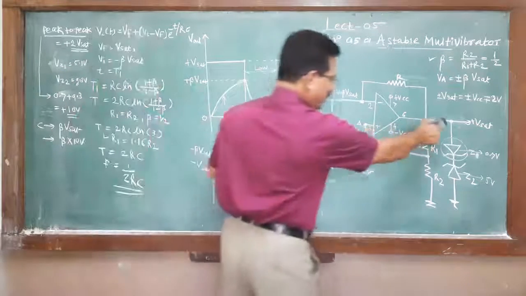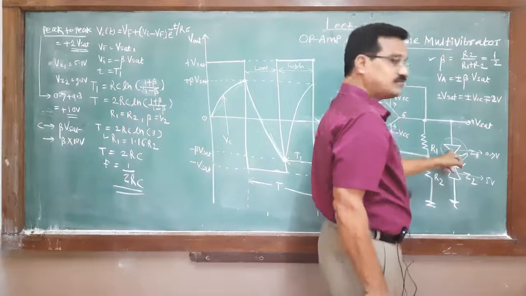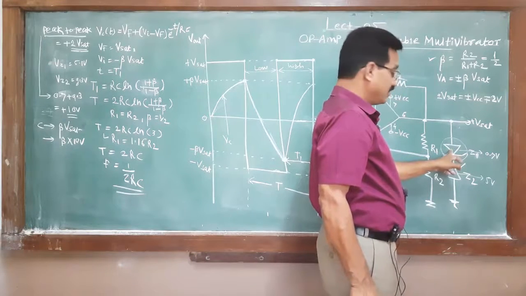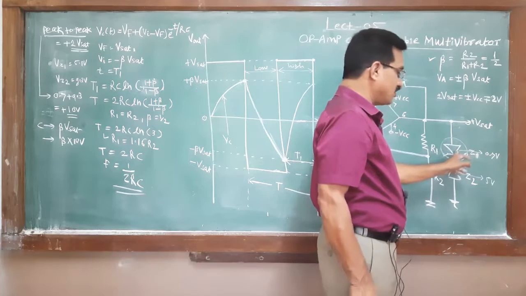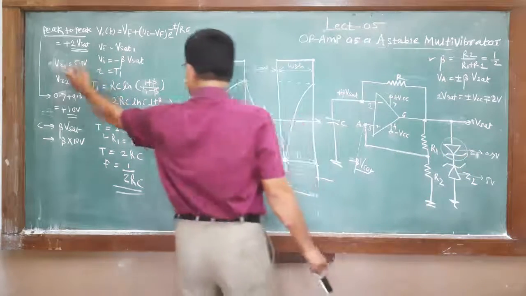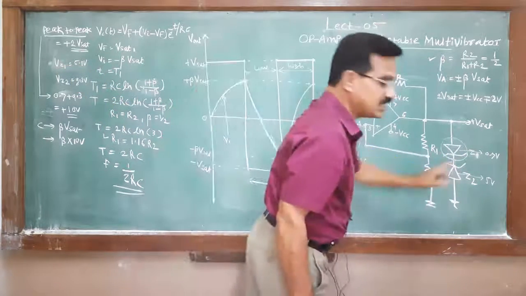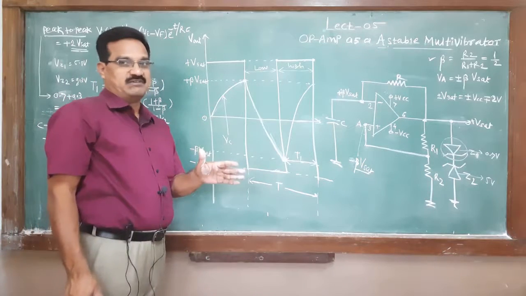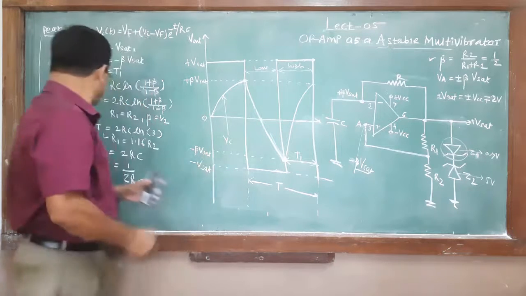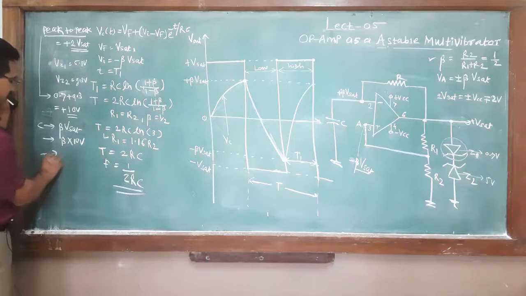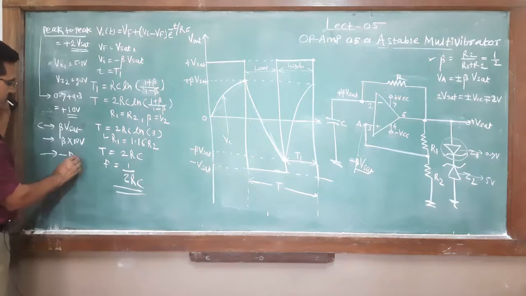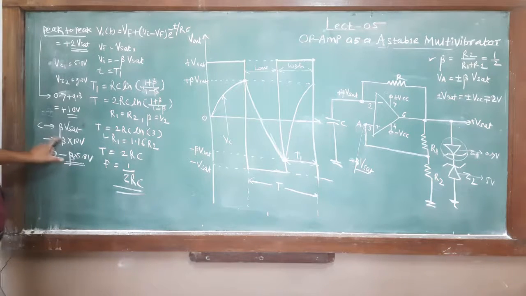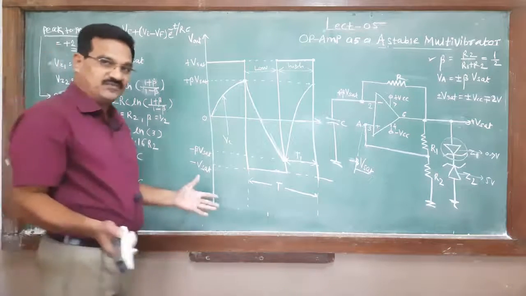Due to negative saturation, this is reverse bias, and voltage across this is 5.1, and voltage across this is 0.7 volt. 5.1 and 0.7 volt means 5.8. Means this voltage is minus beta into 5.8.